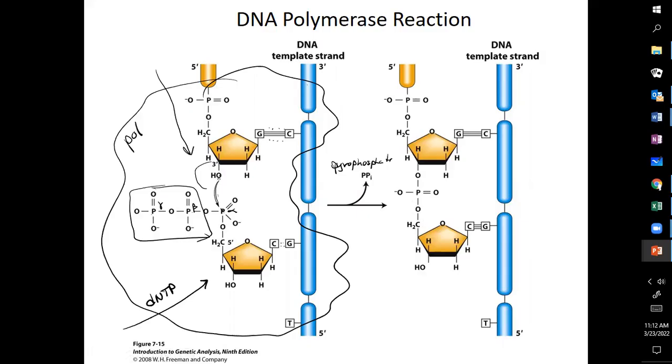And I'm going to try to write it in just a formula for what happens. So the DNA polymerase reaction: we have a growing strand, or newly synthesized strand, the 3' OH on a growing strand binds to a deoxynucleotide triphosphate.